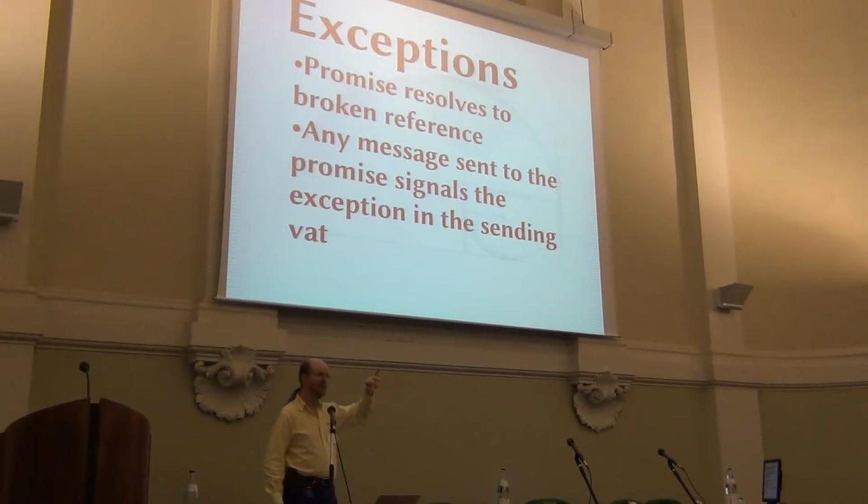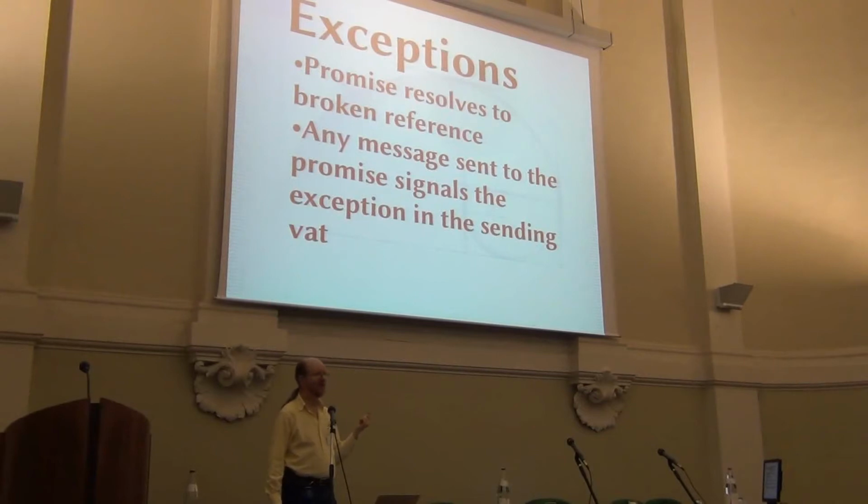But if you reach the top of the stack in one VAT in a turn, and you haven't found a handler, then what do you do with that exception? Because the sender of that message is off in some other VAT somewhere, and they've gone on, and they've sent messages to the promise, and they've done all this stuff. Well, what you end up doing is that the promise ends up resolving to what's called a broken reference.